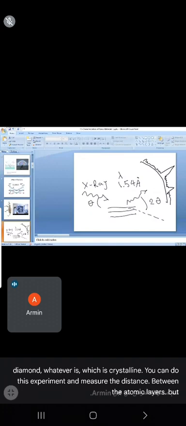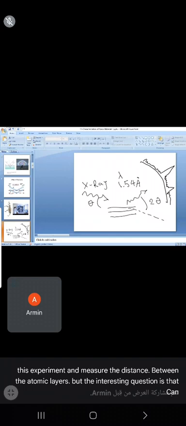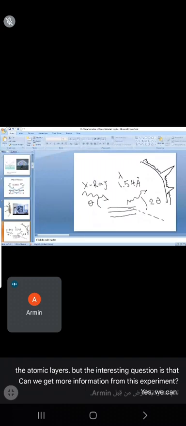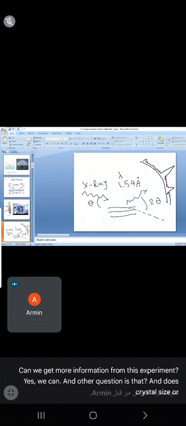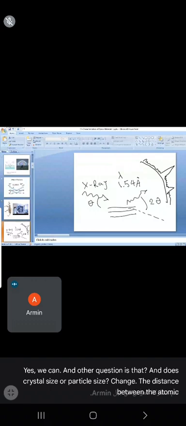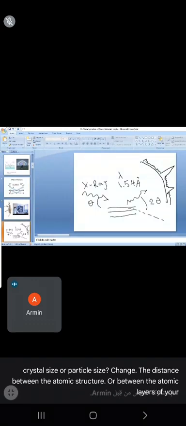But the interesting question is, can we get more information from this experiment? Yes, we can. And another question is, does crystal size or particle size change the distance between the atomic layers of your material?